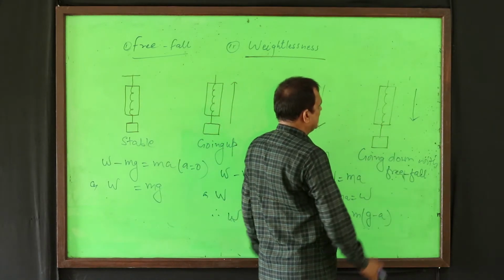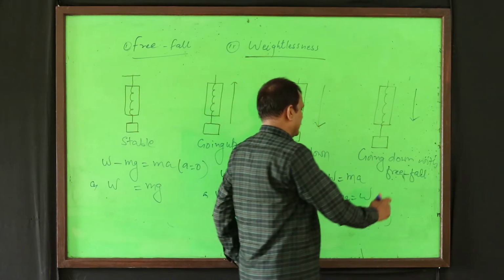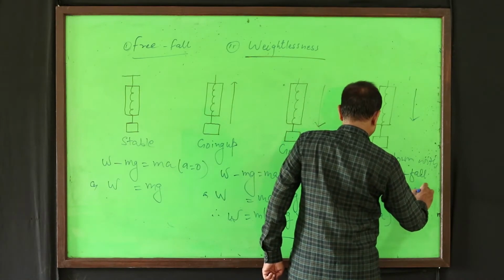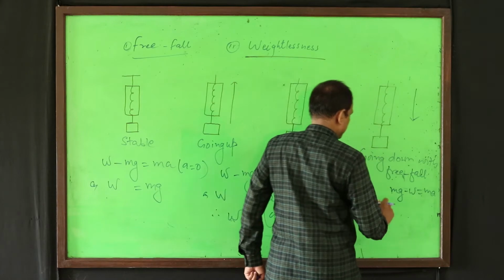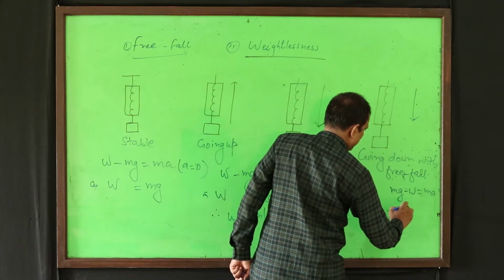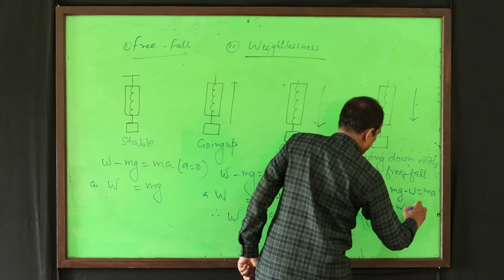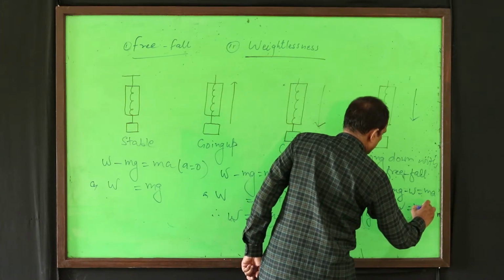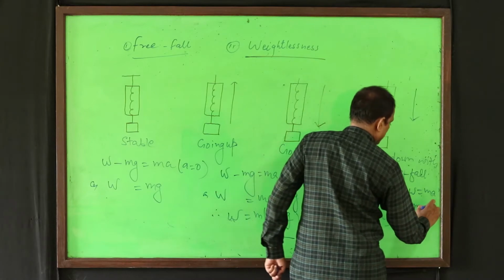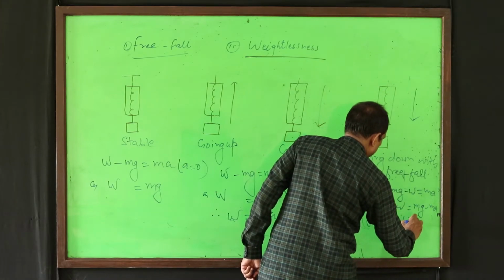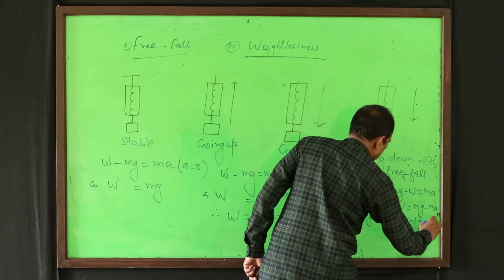And the last condition, when the body falls freely. In this condition, mg minus W equal to ma, so W equal to m into (g minus a).